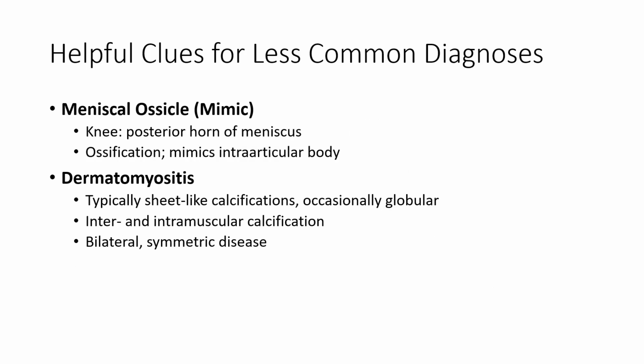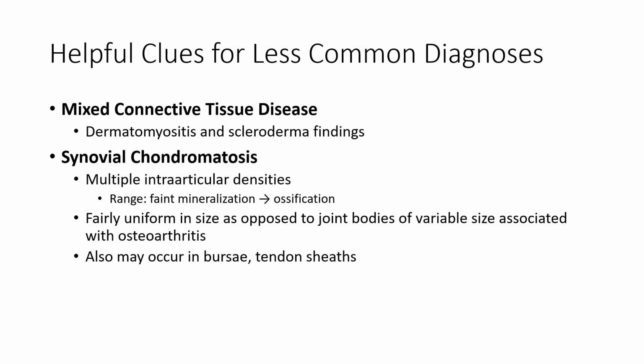Meniscal ossicle in the knee: ossification of the posterior horn of the meniscus mimics an intra-articular body. Dermatomyositis: typical sheet-like calcification, occasionally globular inter- and intramuscular calcification, bilateral systemic disease. Mixed connective tissue disease shows dermatomyositis and scleroderma findings.